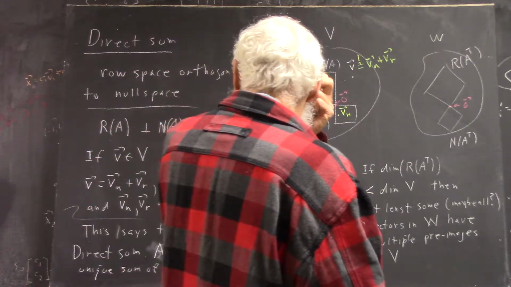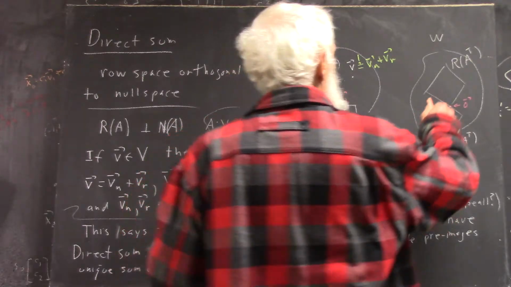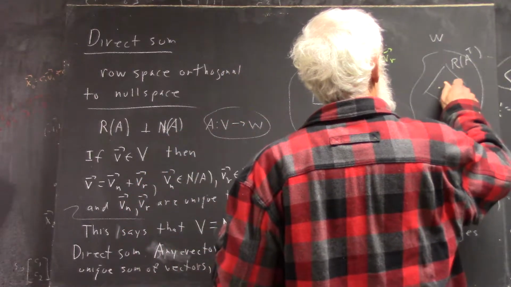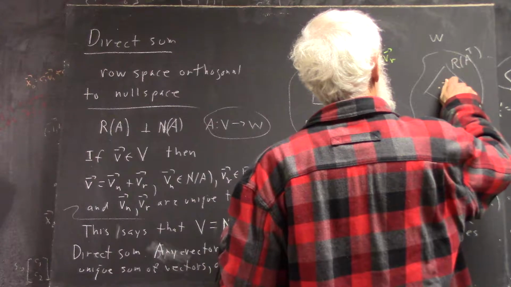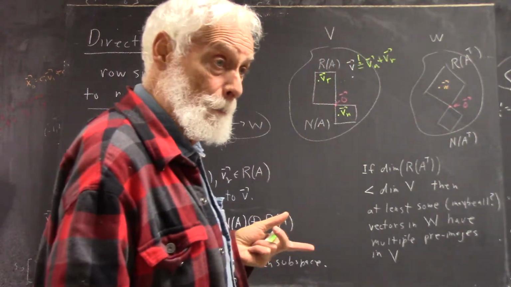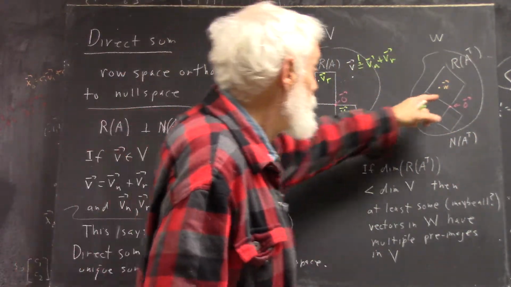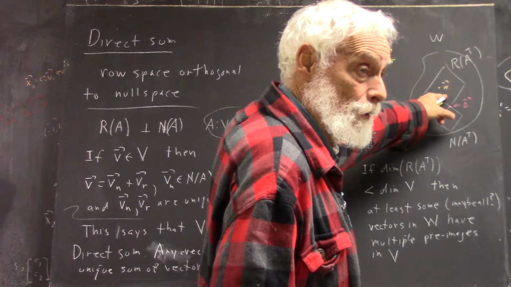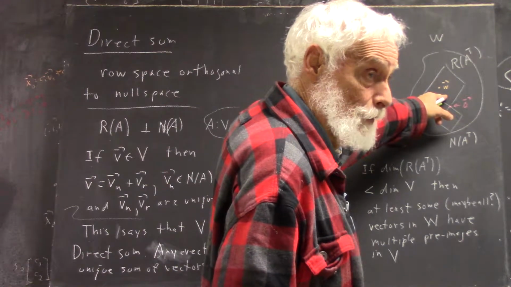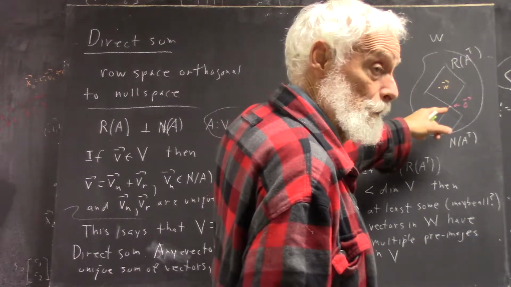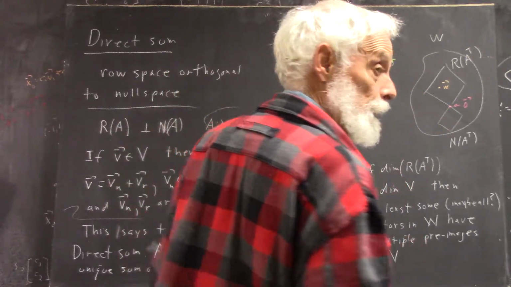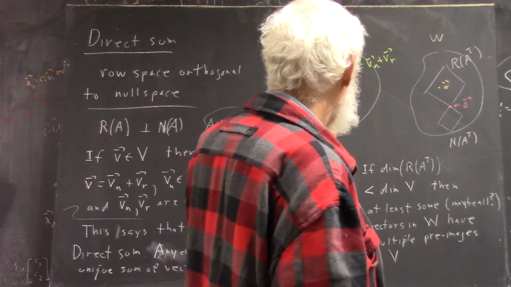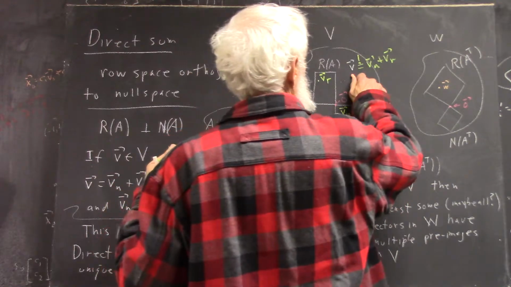So, this is a W, right? In the range space. Okay? The image of V. Means it comes from something in V.